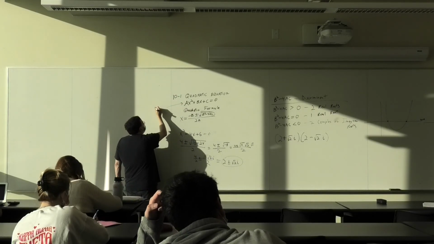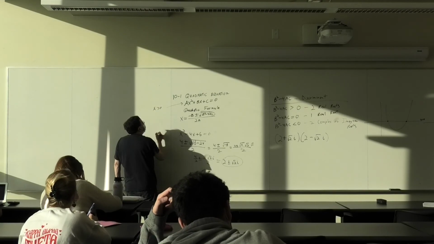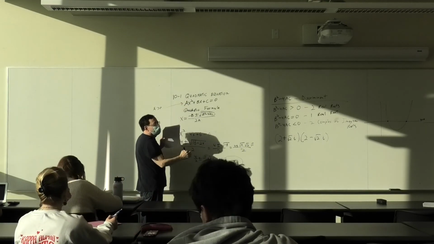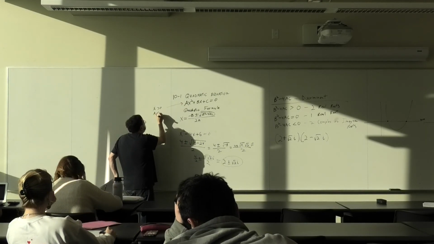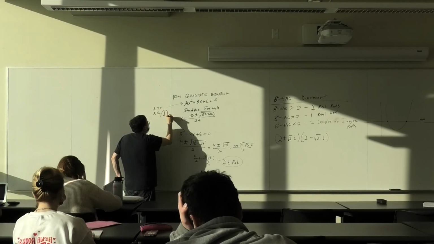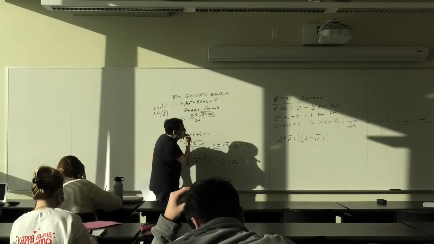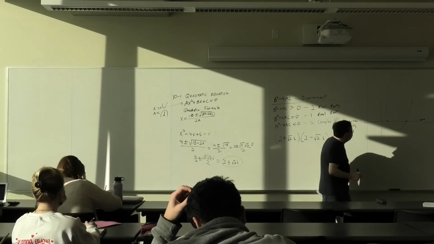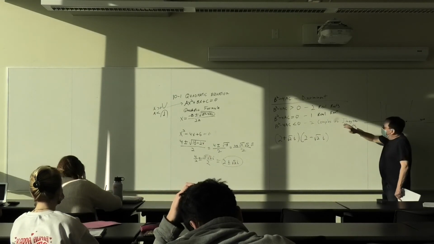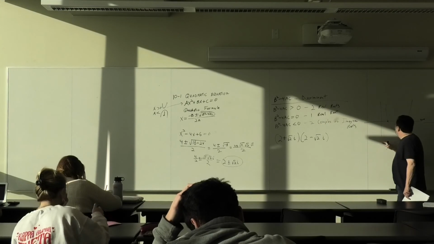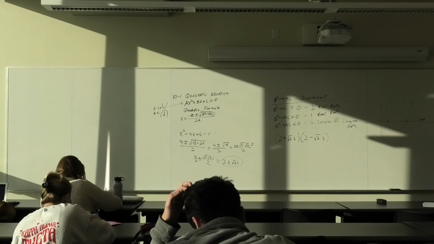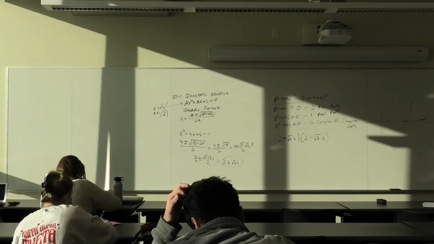If A is positive, it opens up. If A is negative, it's going to be down. If the discriminant is greater than 0, it's going to cross the x-axis this way. You're going to get two roots.